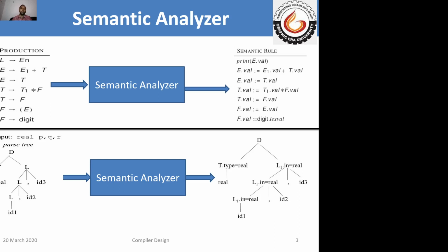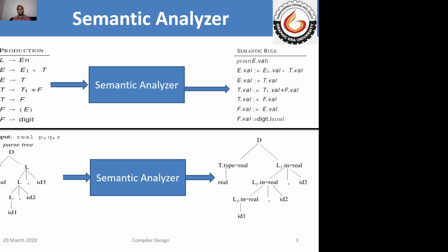They are attributes. Attributes are majorly of three types. It may be a value, it may be the type of that particular variable, or it may be the address of that particular variable. If it is a value, then variable dot val. If it is an address, then variable dot ptr, a pointer variable.